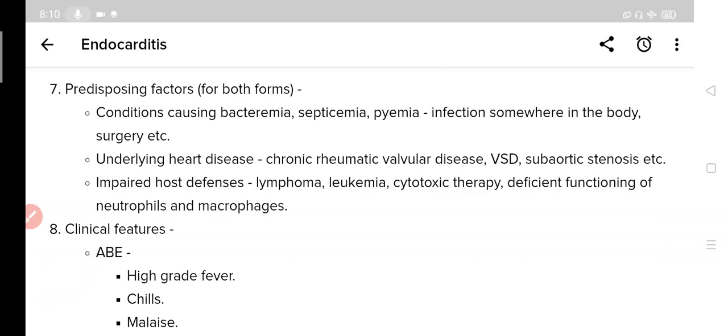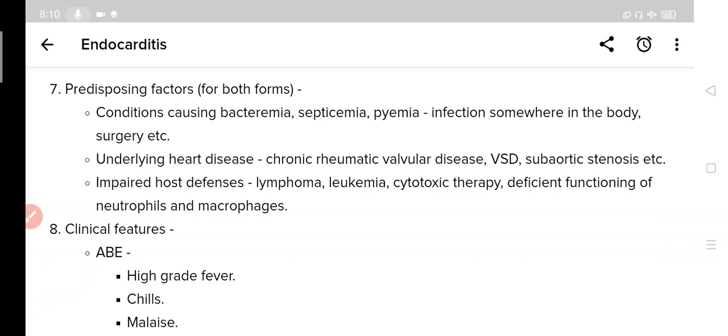These three terms, bacteremia, septicemia and pyemia, look very similar, but there are minor differences among them. Bacteremia is simply the presence of bacteria in the blood. Septicemia is the presence and multiplication of bacteria in the blood. In bacteremia there is only presence of bacteria, while in septicemia the bacteria are not only present but replicating.